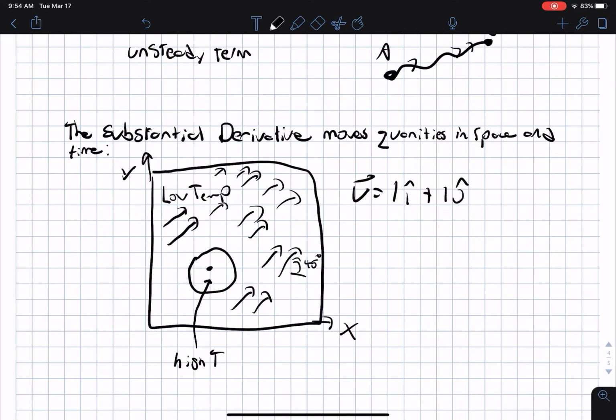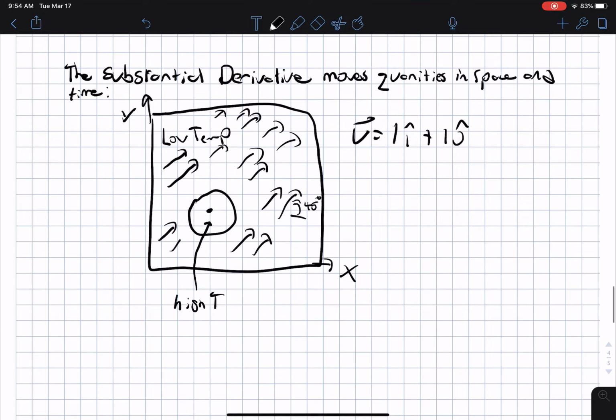Okay? And so, intuitively, if we have this high temperature bubble here, and it's in a perfectly uniform flow field, what is going to happen to this high temperature bubble as time progresses?